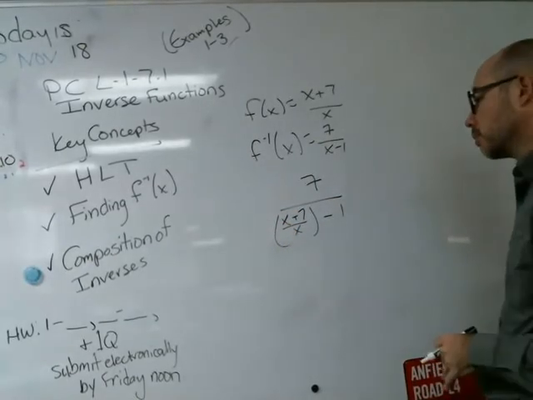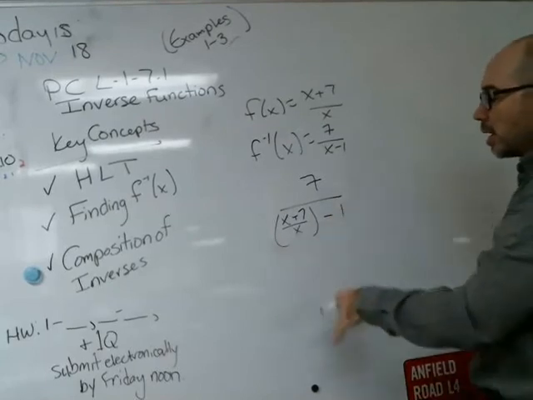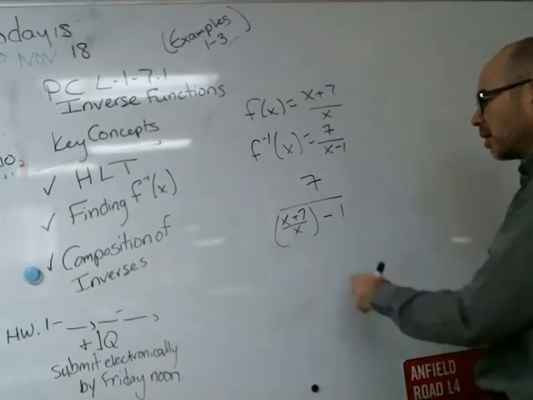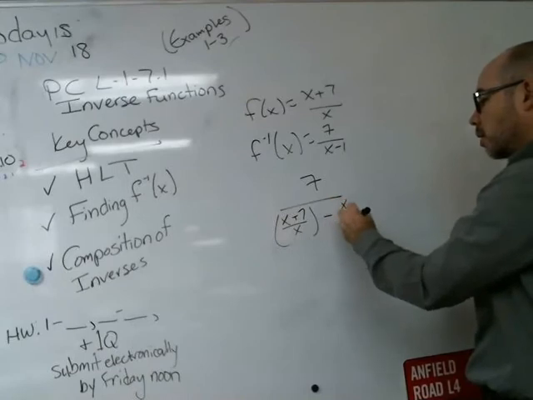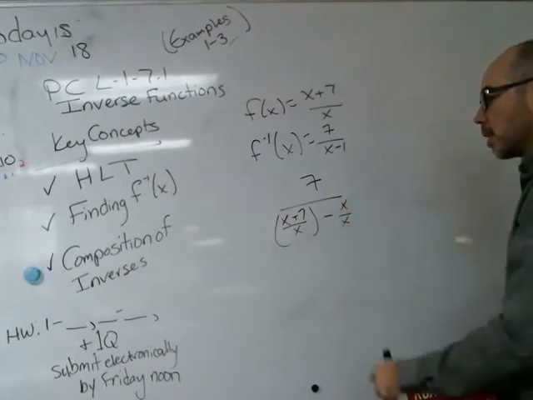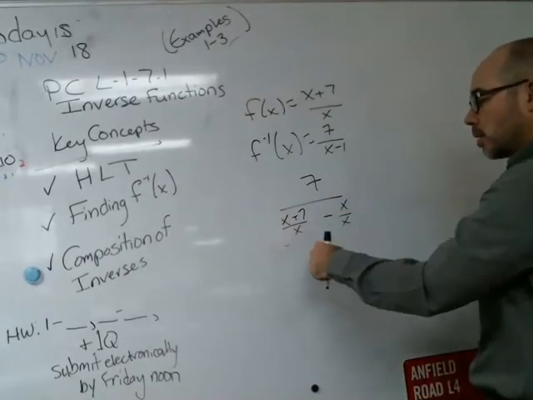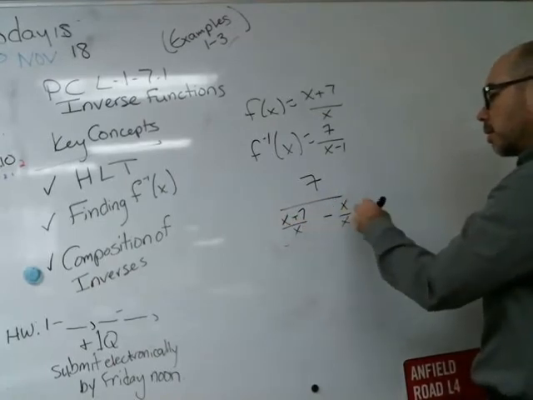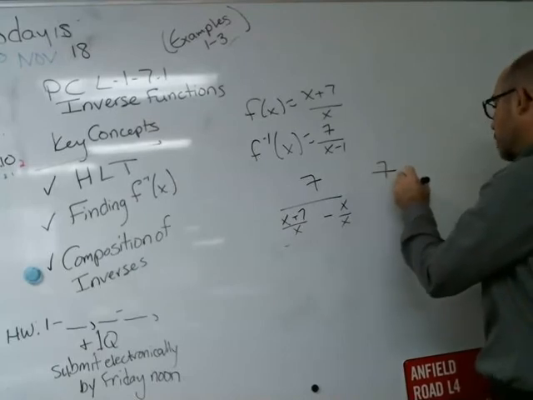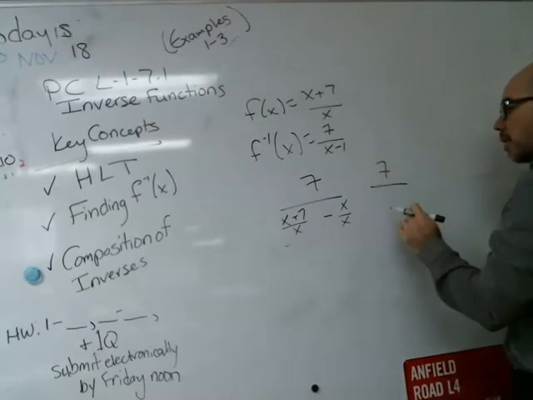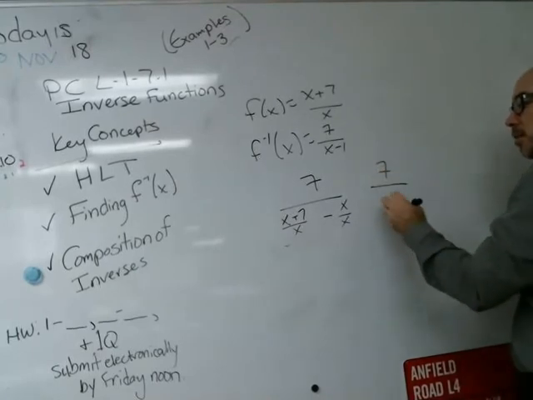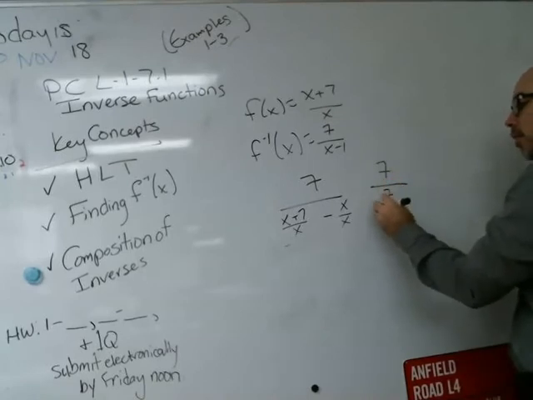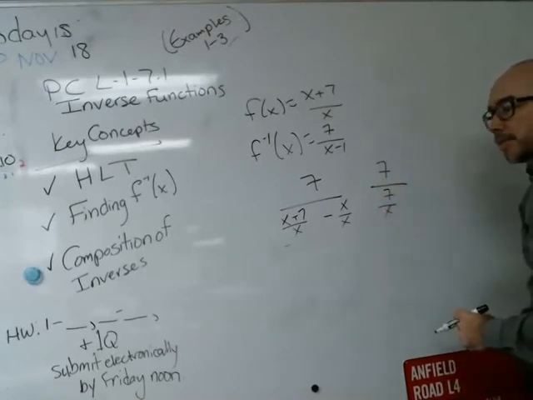It's a little yucky because in order to subtract these, I have to have a common denominator. So I'm going to call this one x over x, and then I can do the subtraction. x minus x plus 7 over x. That's 7 divided by, whoa, that's a big 7, 7 divided by 7 over x.